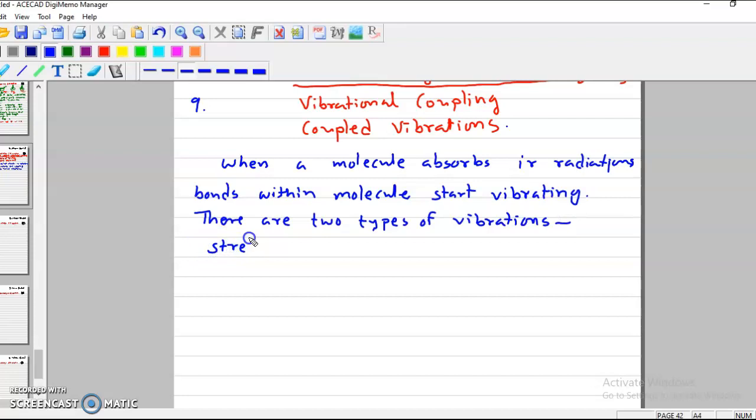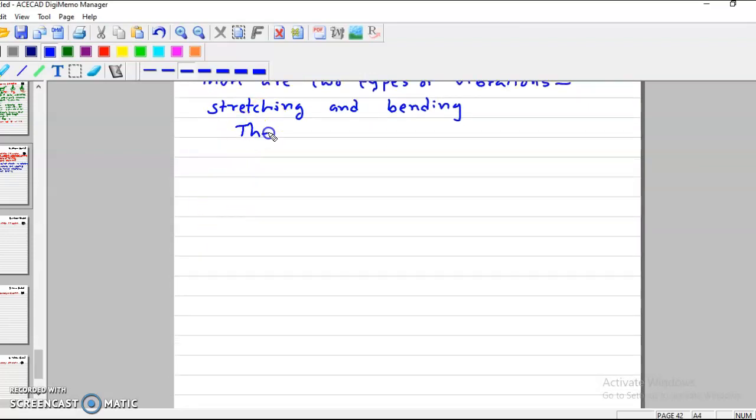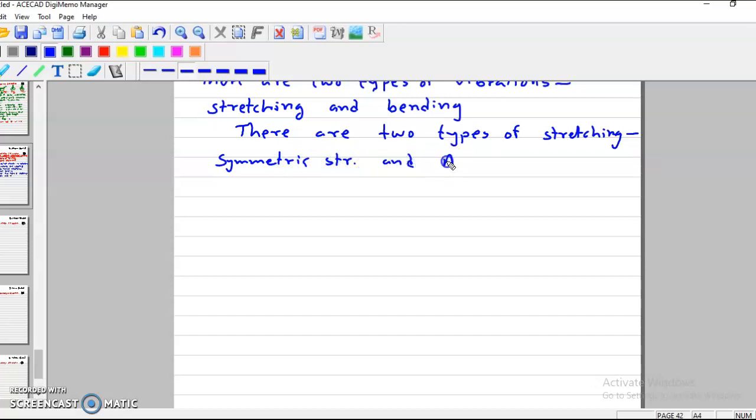Stretching and bending. There are two types of stretching. Symmetric stretching and asymmetric stretching.